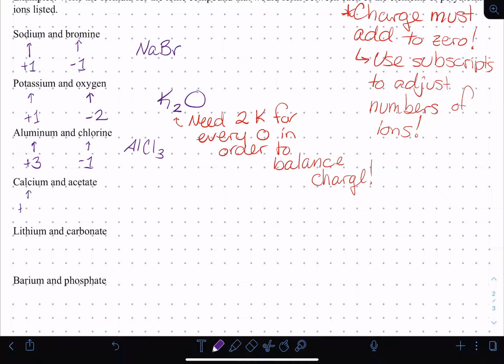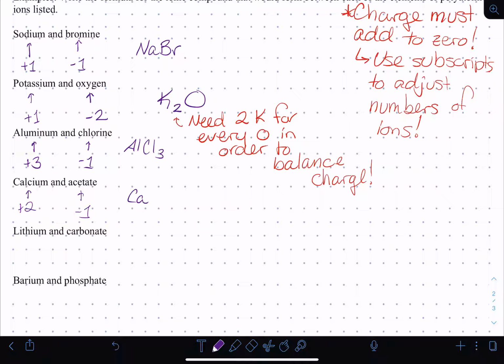acetate. Calcium likes to be +2. Acetate has a charge of -1. So this one you might have run into some problems trying to do on your own, of how do I actually symbolize this. We need 2 acetates for every 1 calcium in order for the charge to balance out.